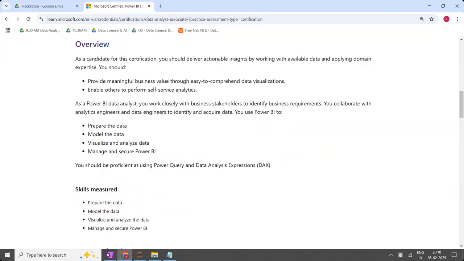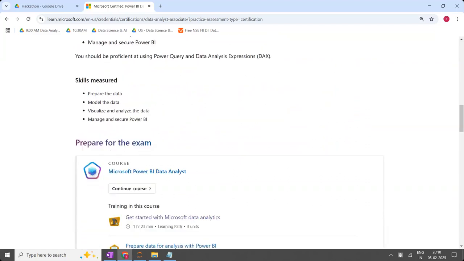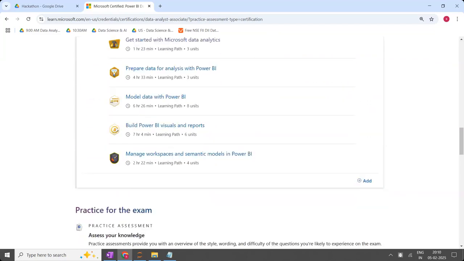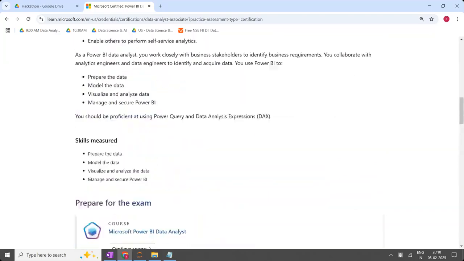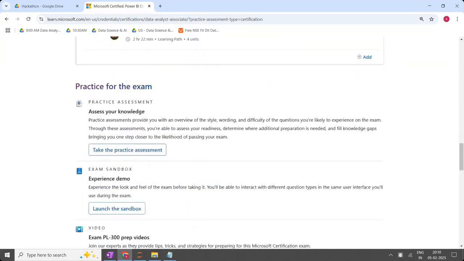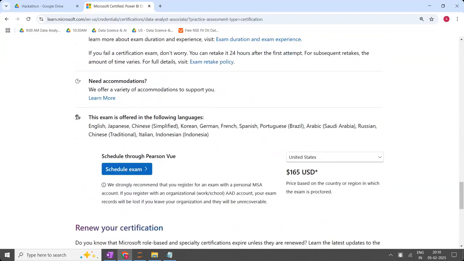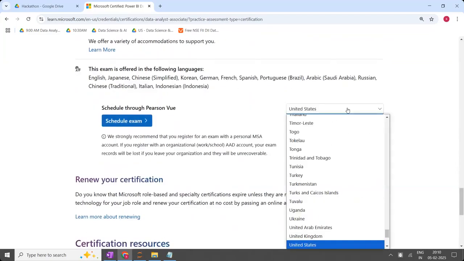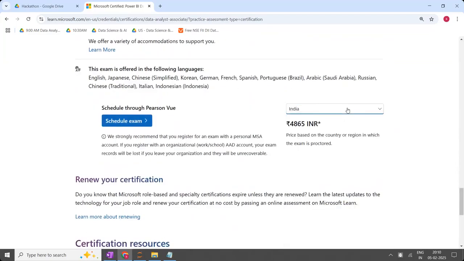Okay. So here, what is the exam fee? What is the cost of this exam fee? It is approximately, not exactly, approximately equal to 5,000. This is separate. And whenever you are ready, you can take the exam.